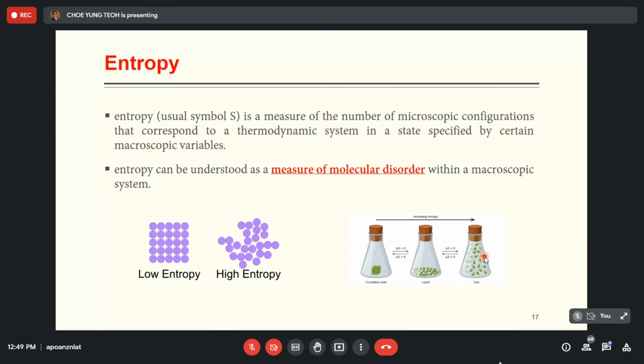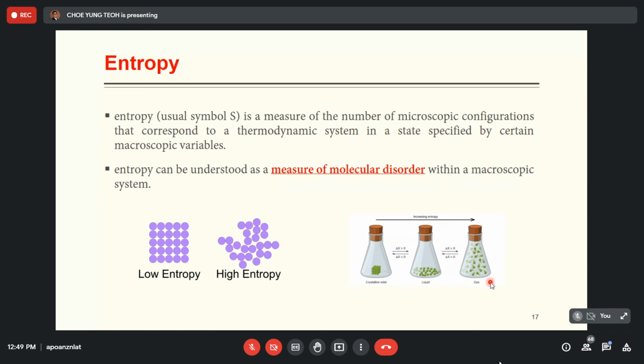Why do I say that gases have higher entropy? You can imagine this as a highway. For the solid state, all the cars move in the same direction, very much in order. So if you want to use the road, you can reach your destination very fast because everything is in order. But once you change to the gas form, the traffic has a very high entropy.